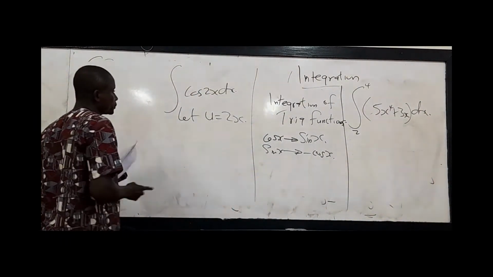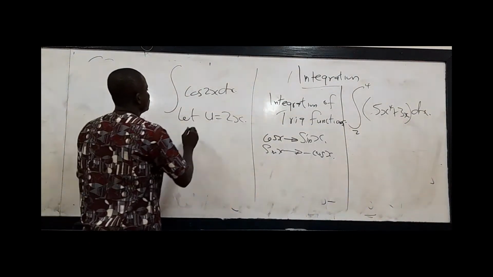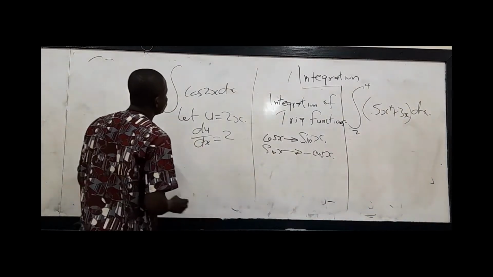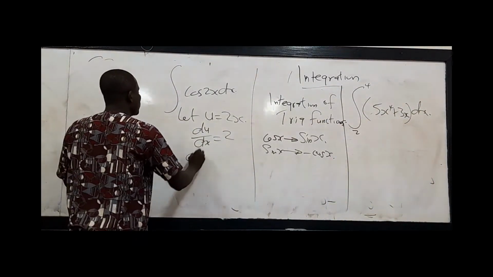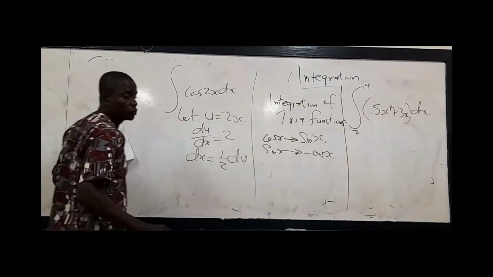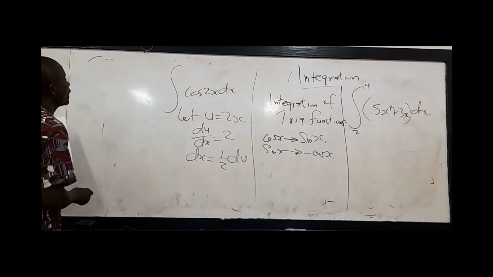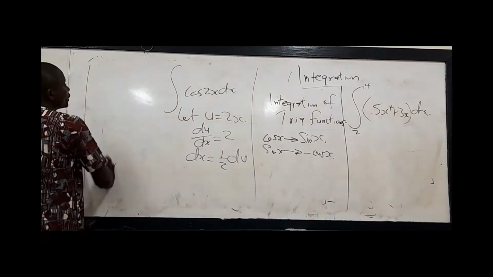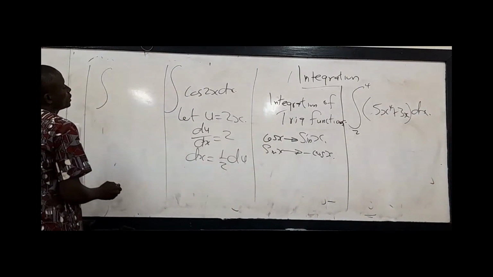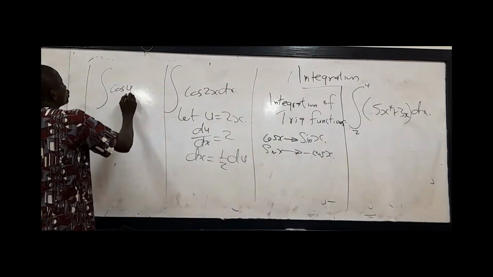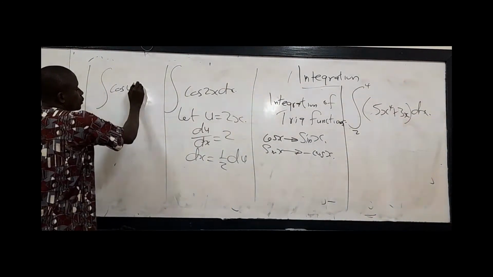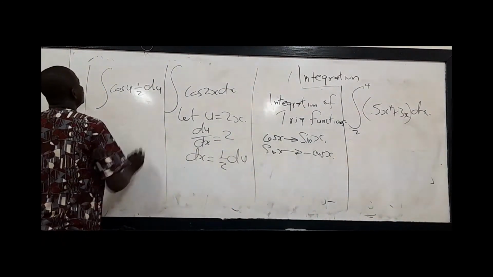2x. Exactly. So if u is 2x, then du dx is equal to 2. So dx is equal to 1 over 2 du. So here, in integrating it, I'm going to have cos u, because we say u is equal to that, cos u times 1 over 2 du.